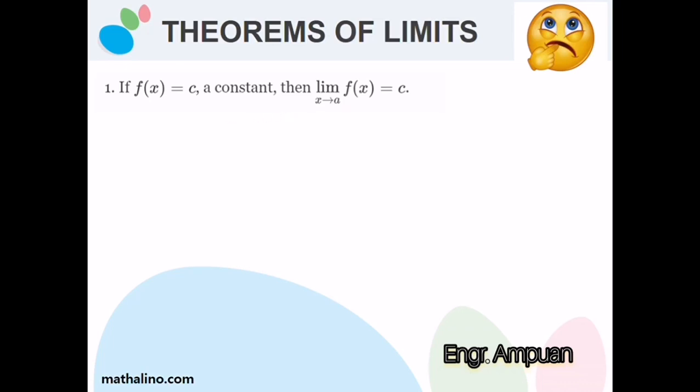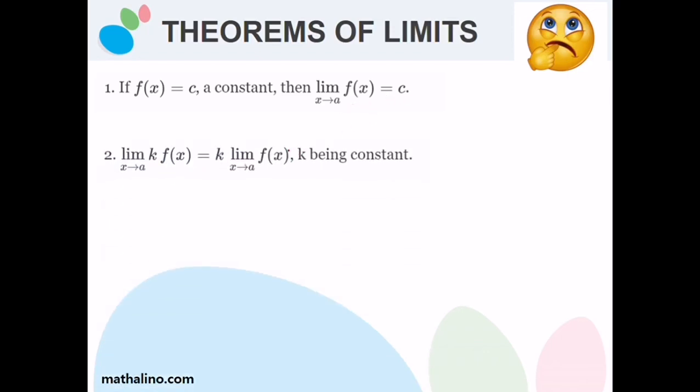If f(x) is equal to c, a constant, then the limit of f(x) equals c, wherein x approaches a. Also, the limit of k times f(x), wherein x approaches a, equals k times the limit of f(x), k being a constant.